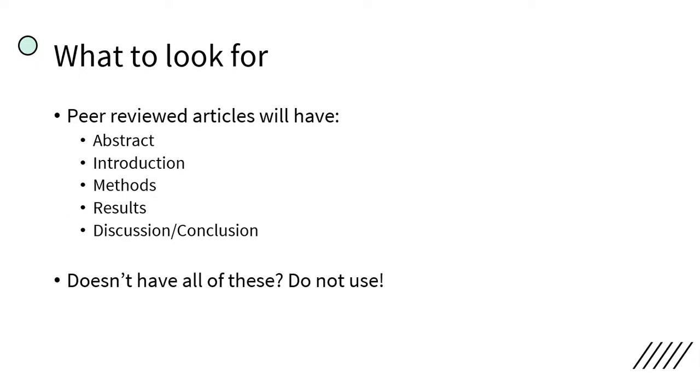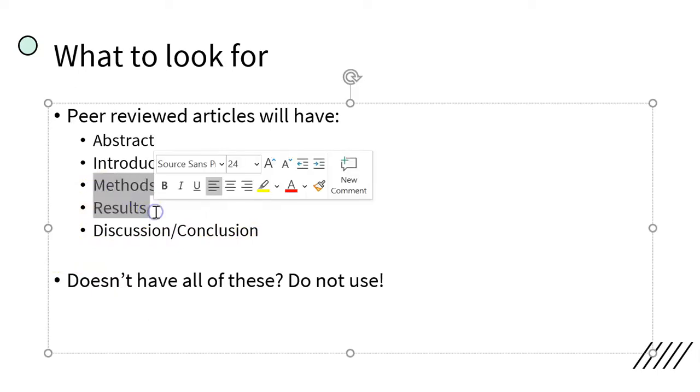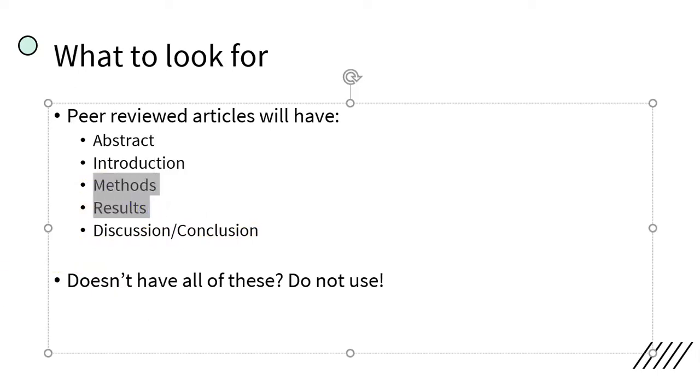So you search for a topic. Awesome. Now, what are you looking for? So you need to get a peer-reviewed article. Now, you know it's a peer-reviewed article because it's going to have all of these sections. Okay? It's going to have an abstract, an introduction, and then a methods, results, and then either a discussion or conclusion, or maybe both. Okay? But the key thing you're looking for here is a methods section and a results section.